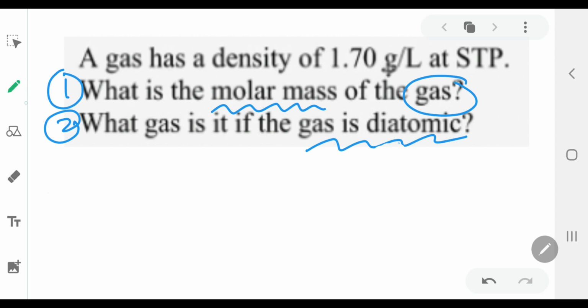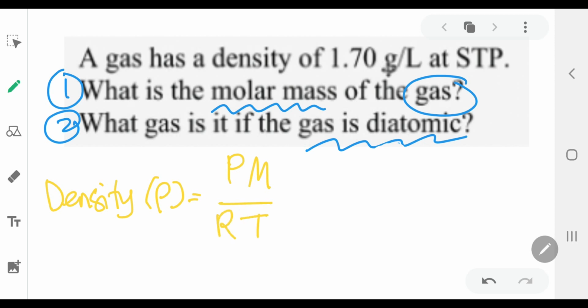In the other video, we talked about how to derive the formula for density of ideal gas, which is pressure times molar mass over RT.